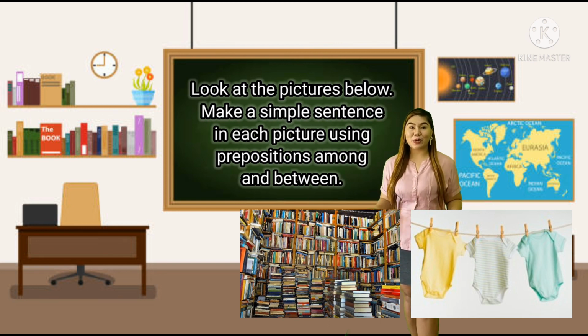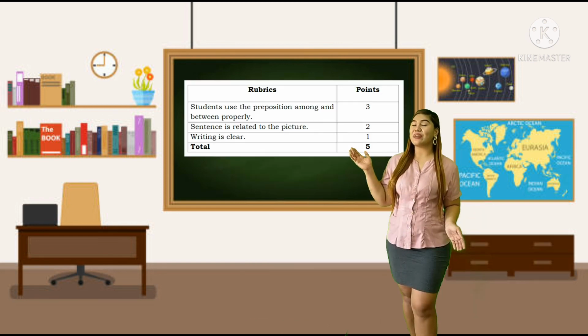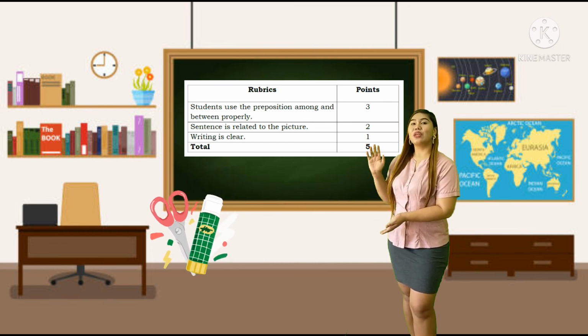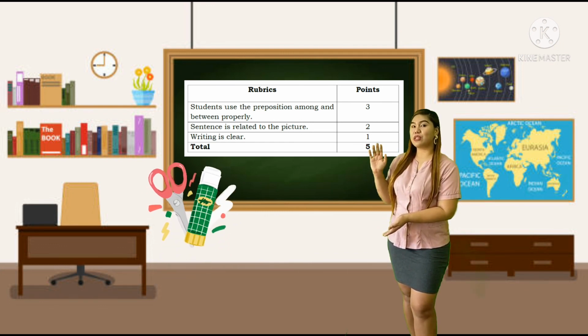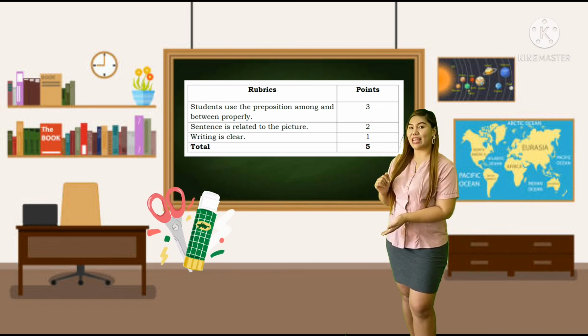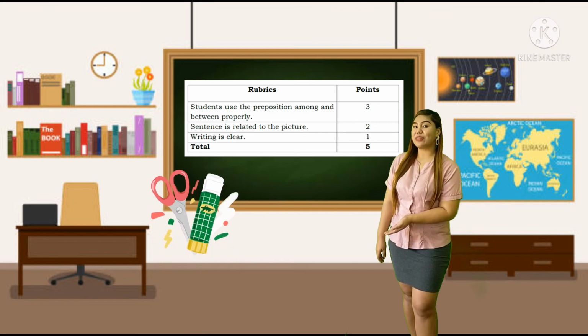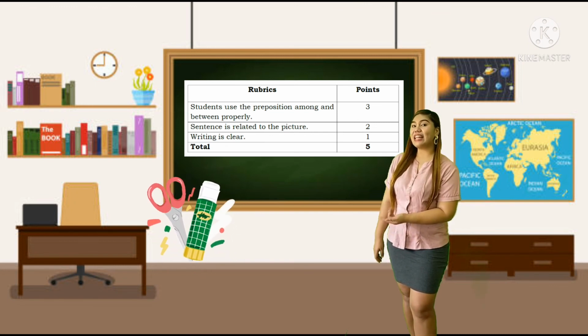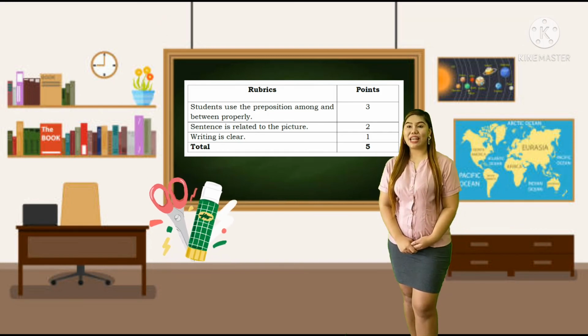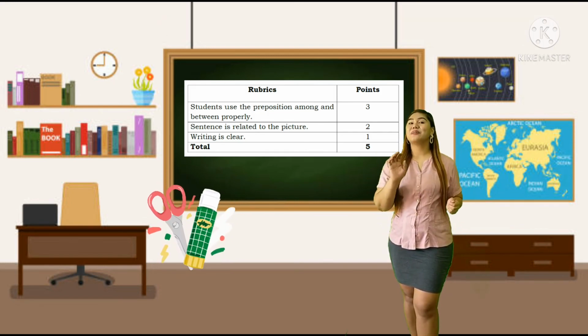Be guided by the rubrics here in answering the activity. Here is the rubrics. You will get 3 points if the students use the preposition among and between properly. 2 points if the sentence is related to the pictures. And 1 point if the writing is clear. The total of 5 points.